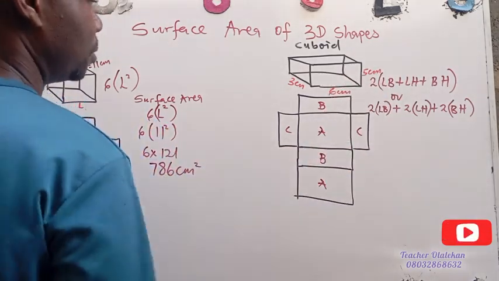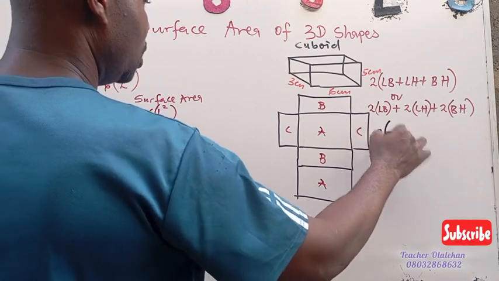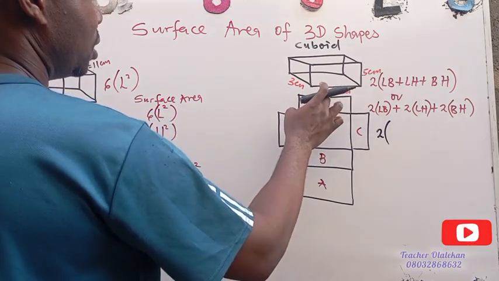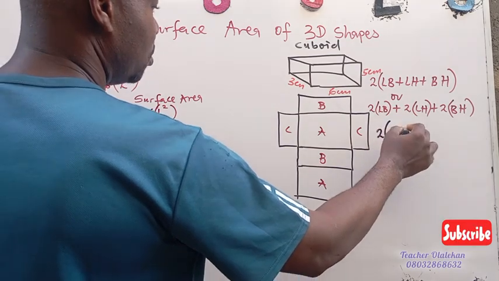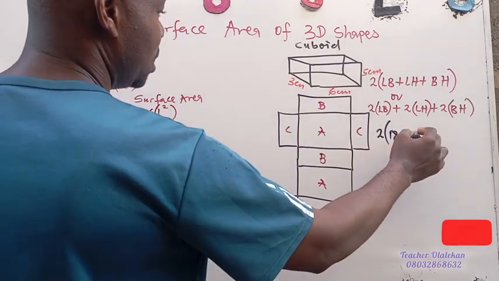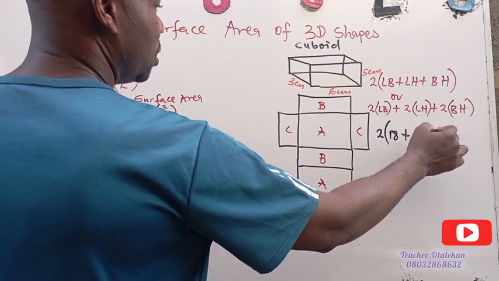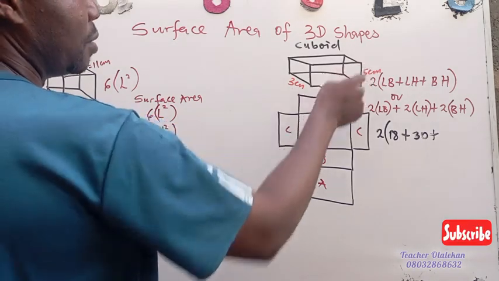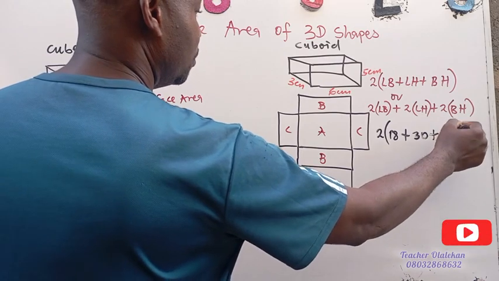To find the surface area of this cuboid, let's apply the first formula. That will be 2 into bracket of length, breadth, that's 6 times 3, which gives us 18, plus length, height, that's 6 times 5, which gives us 30, plus breadth, height, that's 5 times 3, which gives us 15.